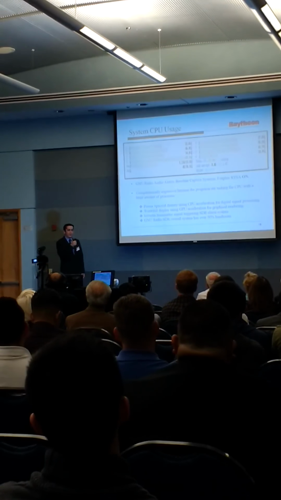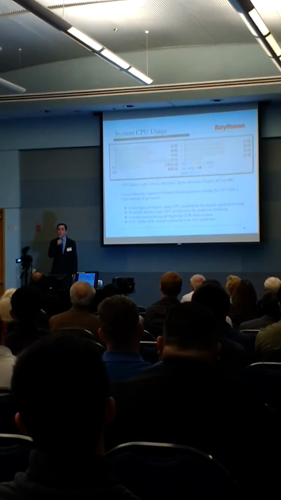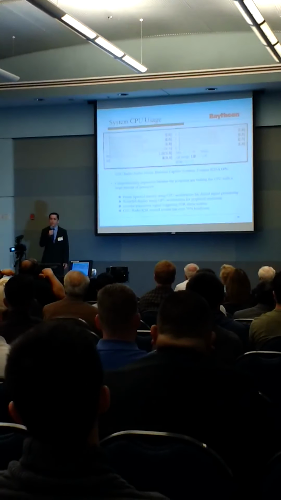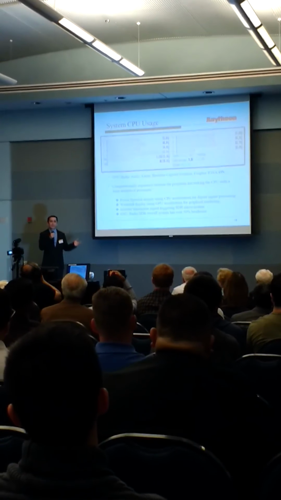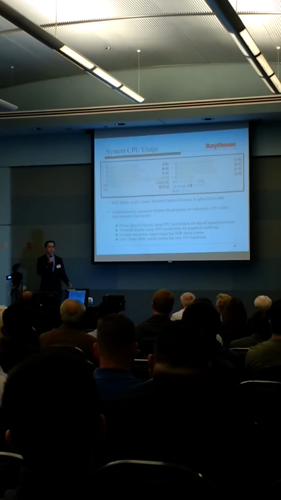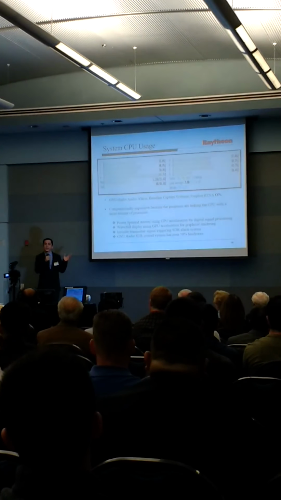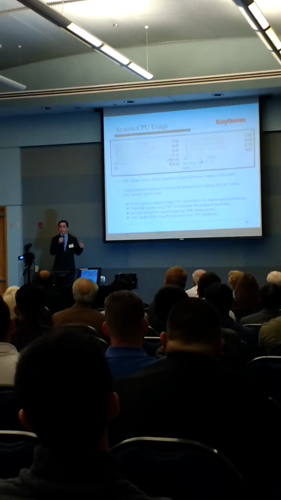So from here, we can determine that it is computationally expensive to run our programs, because our programs are tasking the CPU with a large amount of processing, such as displaying the power spectral density, which accelerates the CPU due to digital signal processing. It also tasks the CPU by producing a waterfall display, which tasks the CPU and the GPU for graphical rendering.